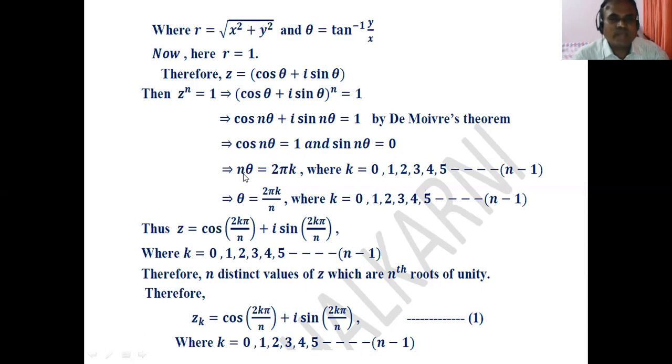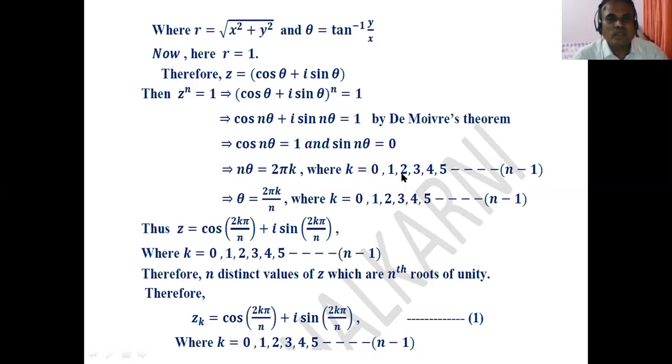This implies that the angle n theta is equal to even multiples of pi, that is 2 pi k, where k is 0, 1, 2, 3 up to n minus 1. When k equals 0, the angle is 0, so n theta equals 0, which is even, and the cosine value is 1. Now k equals 1, so we put 2 pi. 2 pi is even, and therefore the cosine value of 2 pi is 1.